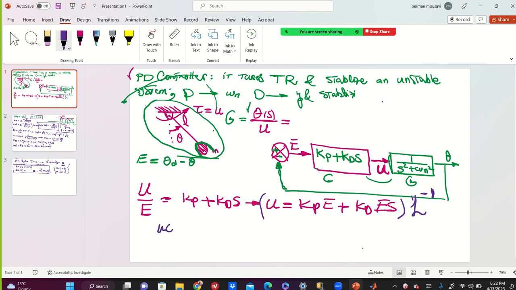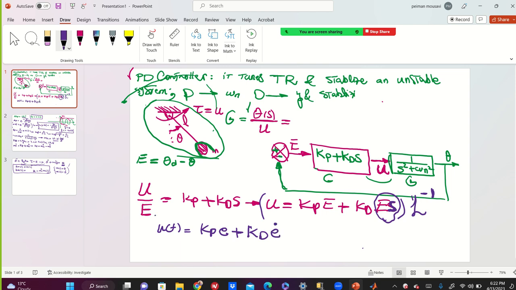So u of t is kp times the error signal plus kd times what's the es? I told you a million times. When you see s, what was the Laplace of that? Yes, it's gonna be e dot.